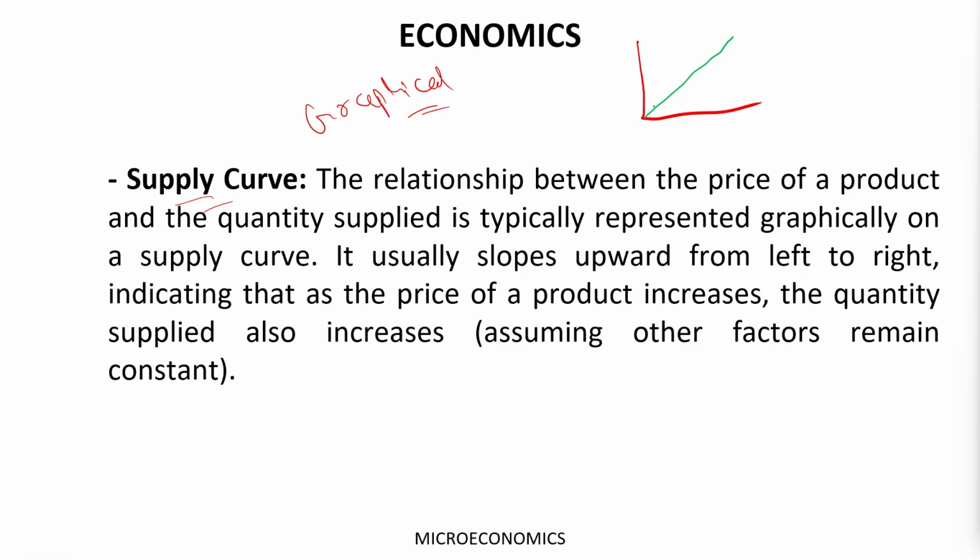It's always bottom to top. This side has the price of the commodity, this side has the quantity supplied. So now you can see as the price rises, the quantity of supply rises. Okay. So this is the supply curve.